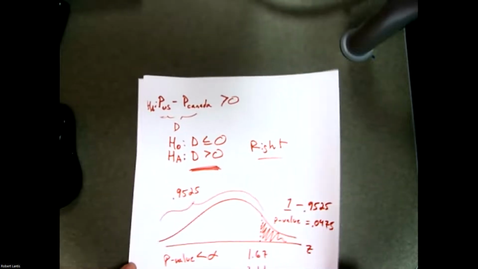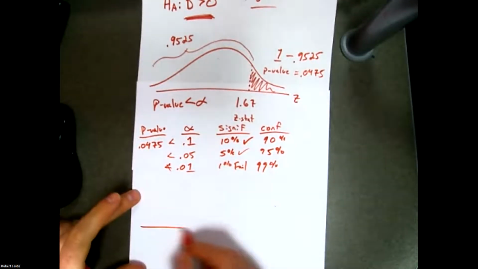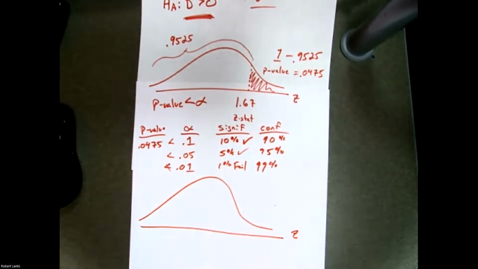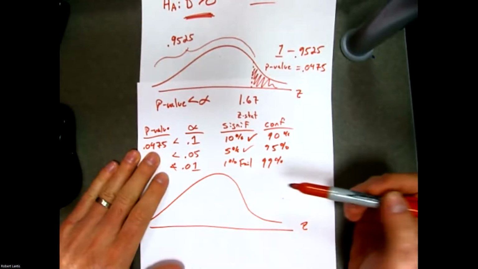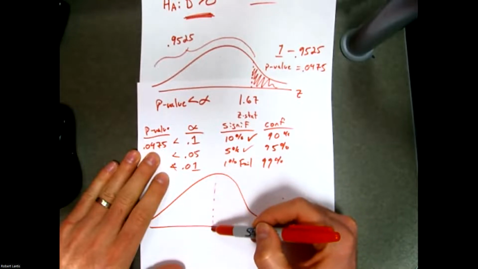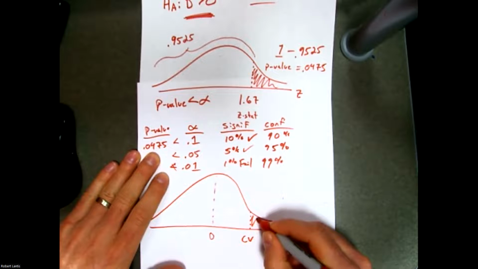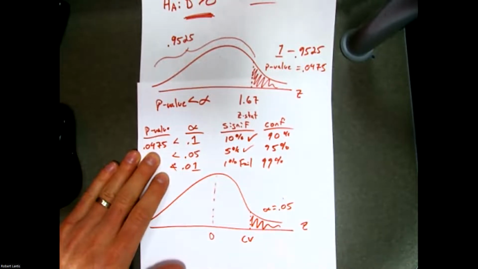So let me see. I'm going to do a couple things here. So hopefully I have enough room. Let's say instead I had done the critical value approach. Right? So for a right-tailed test, if I'd given you possible answers, what do you know has to be true about the critical values for a right-tailed test? Remember, both the standard normal and the student t are centered at 0. So if I want to find the critical value that gives me alpha, I think the alpha we had was 0.05, alpha total in that right tail, my critical value has to be positive.